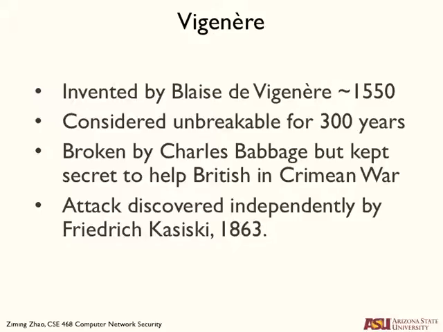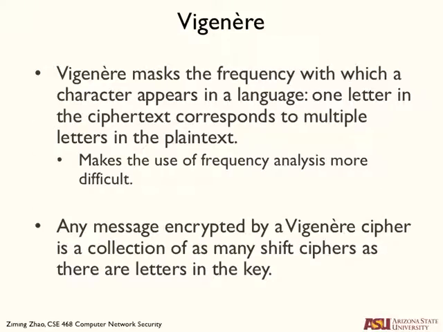And in the 1860s, Charles Babbage, and in the 1940s, two others, independently discovered the way to crack this cipher. So basically, this Vigenère cipher tries to mask the frequency.